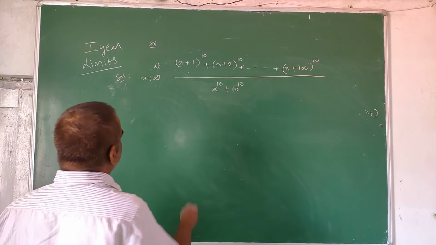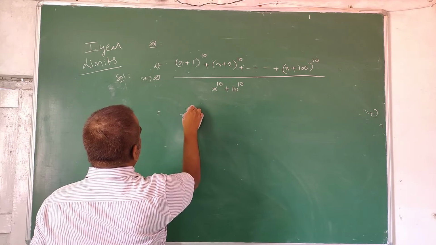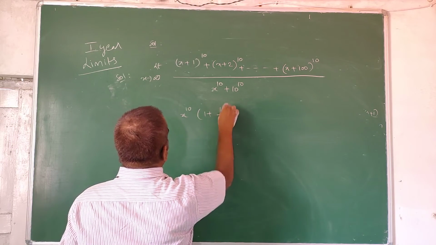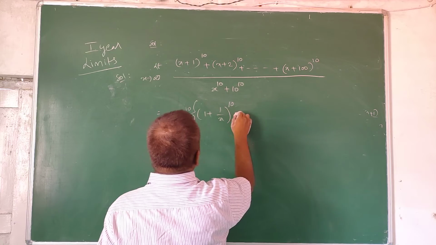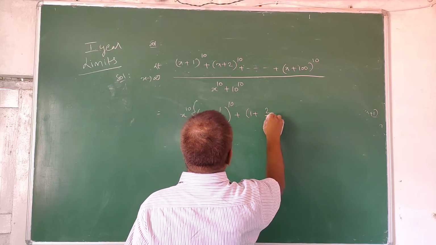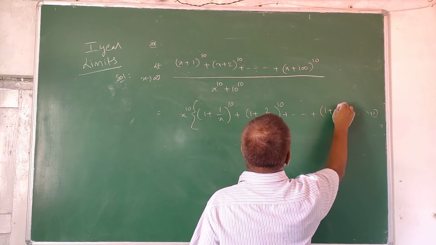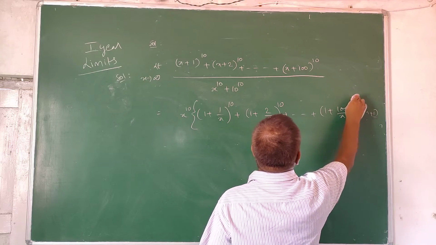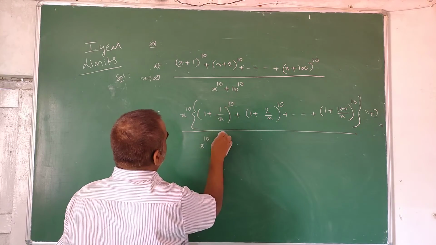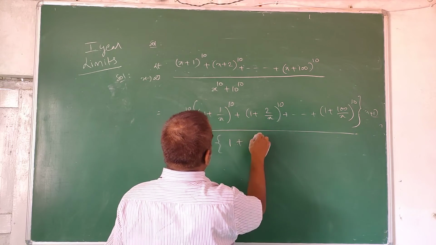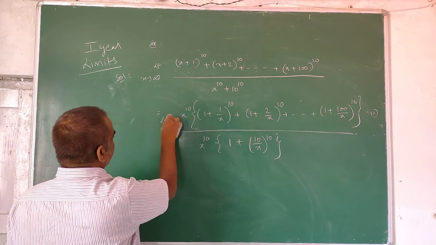So dear students, you see, if you take x common inside, then you get x power 10 into (1 plus 1 by x) whole power 10. Similarly everywhere you get like this only, so take x power 10 common, then you get here (1 plus 2 by x) whole power 10, and so on, plus (1 plus 100 by x) whole to the power of 10, divided by, x power 10 here also if you take common, (1 plus 10 by x) whole power 10, as limit x tends to infinity.